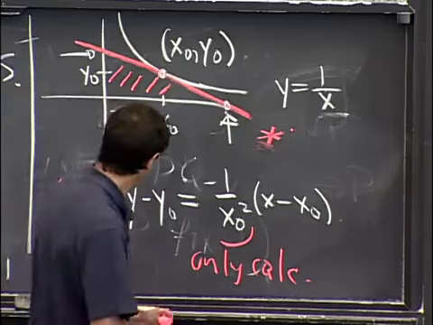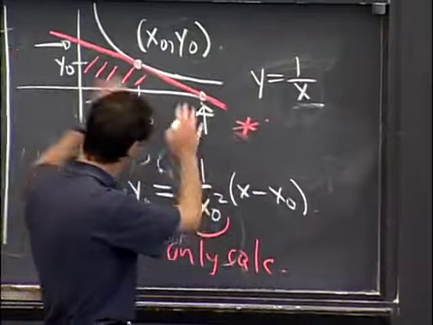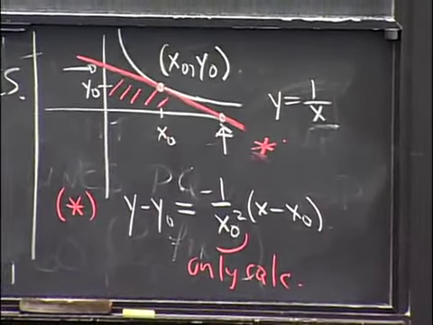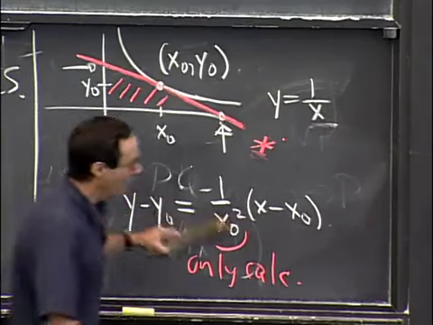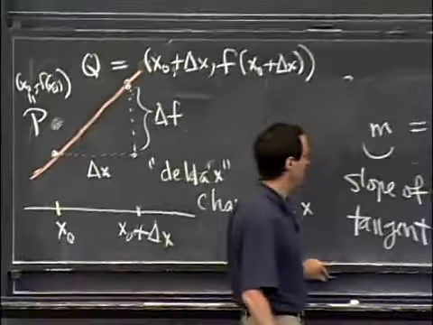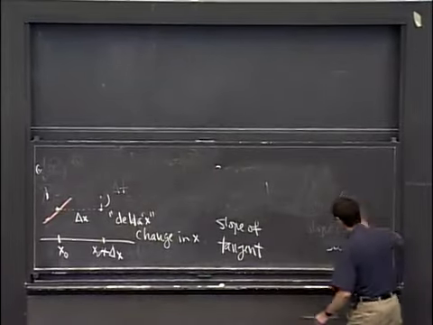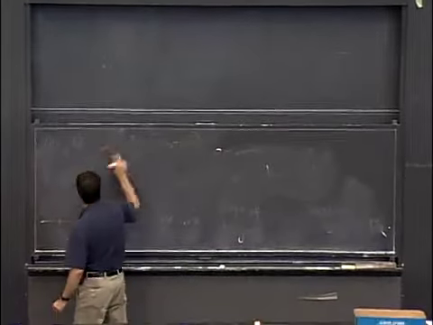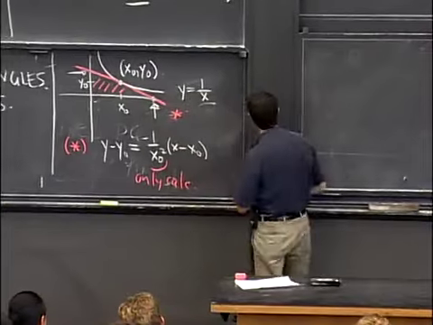But now we're not done. We have to finish it. We have to figure out all the rest of these quantities so we can figure out the area. All right. So how do we do that? Well, to find this point, this has a name.